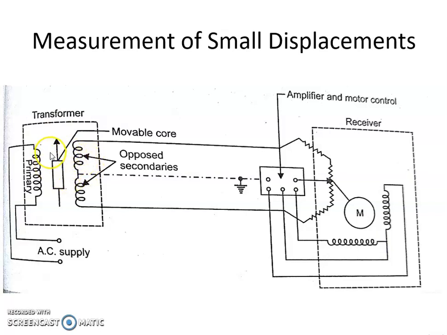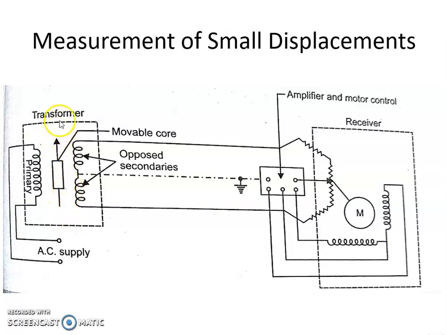Then more of the core will be linking with the top secondary winding than the bottom secondary winding. Therefore, the voltage induced across the top secondary winding is more than that across the bottom secondary winding, so the net voltage V1 minus V2 increases. The value of the net secondary voltage will give the amount of displacement of the core.